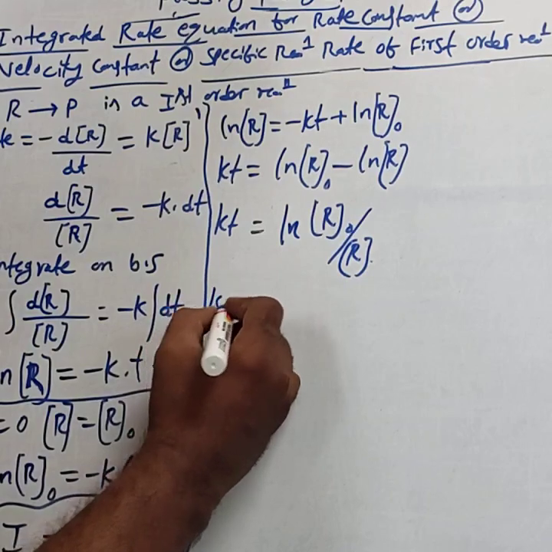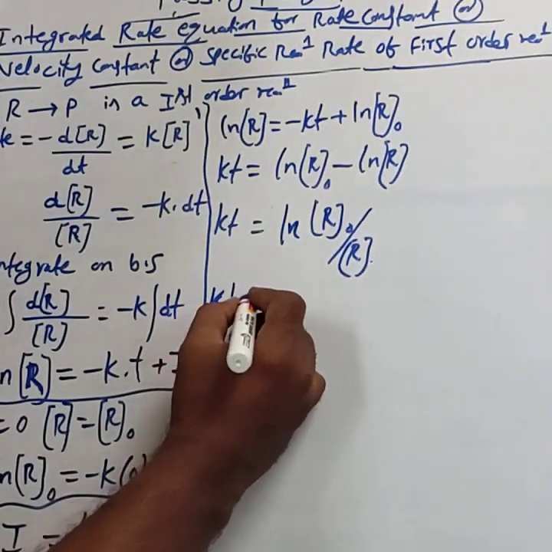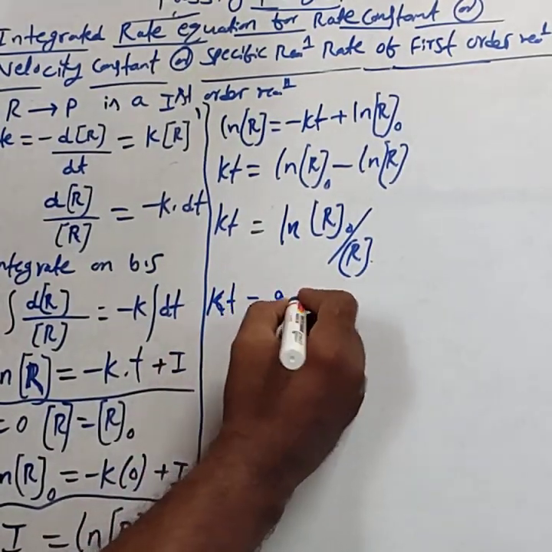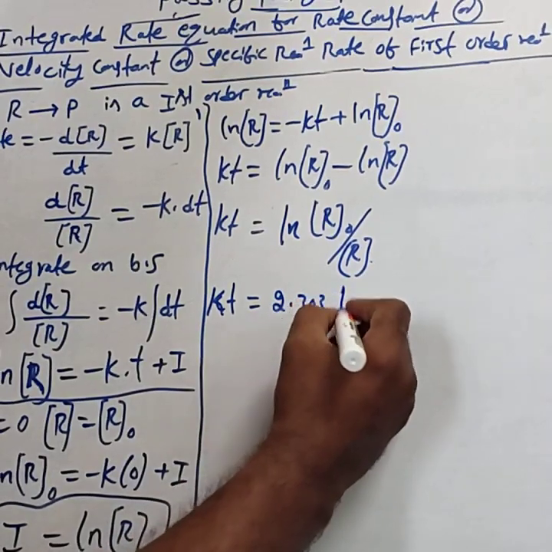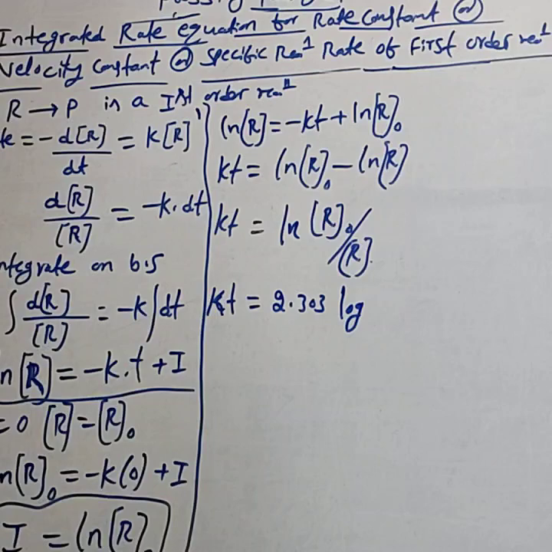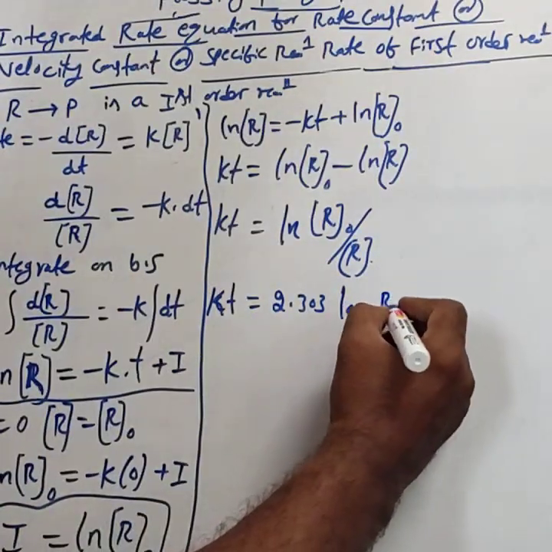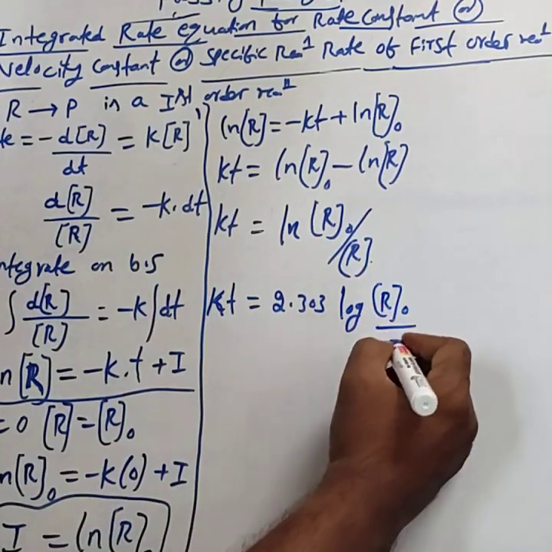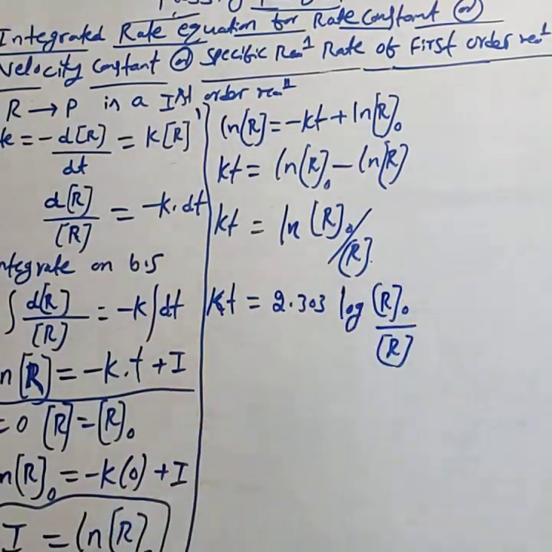To convert that, multiply by 2.303. So kt equals 2.303 log of R naught by R, where log means base 10.